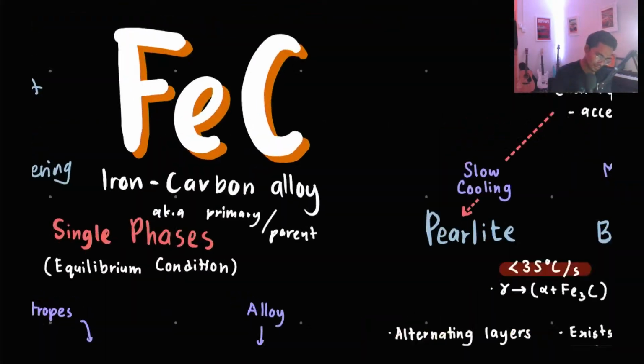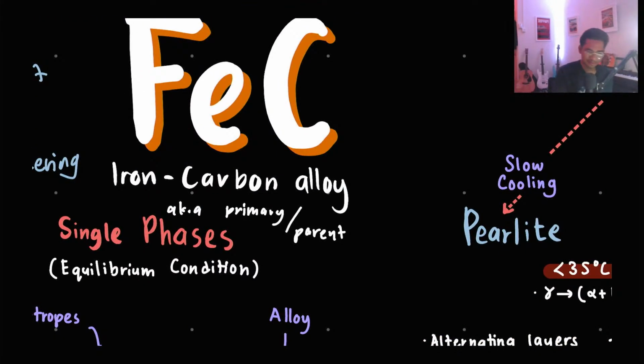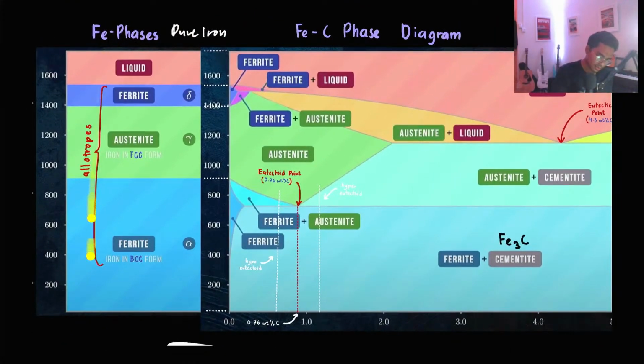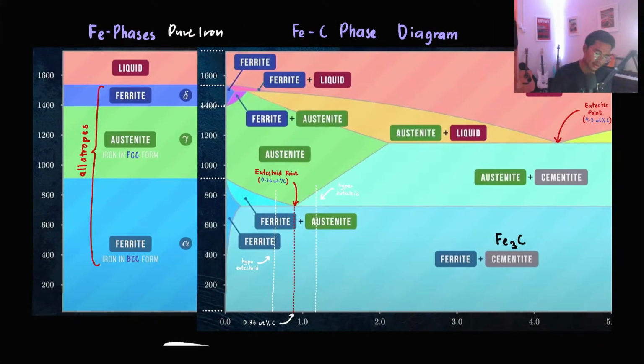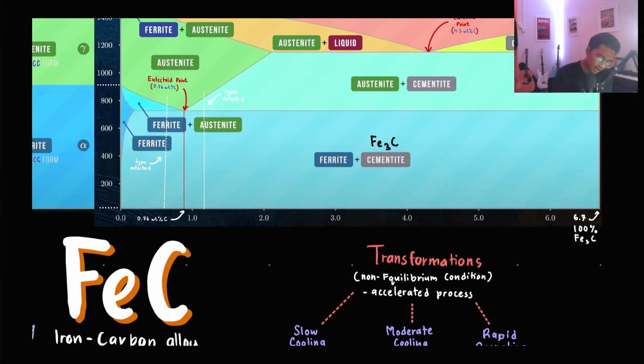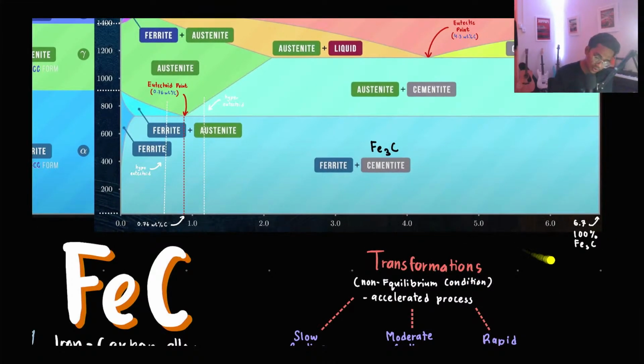Where were we? We were here. Primary and parent phases. Okay, so this is pure iron. This is when iron combines with carbon. So this phase diagram ranges from 0 to 6.7 of carbon. Why do we stop at 6.7 carbon?